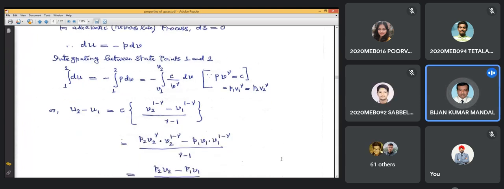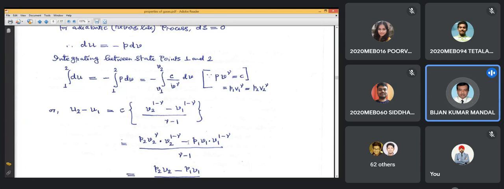So if you do that integration, that C will be there, and this is the result of integration after putting the limits. And now this C has to be replaced by these two values, that is P1 V1 to the power gamma and P2 V2 to the power gamma.